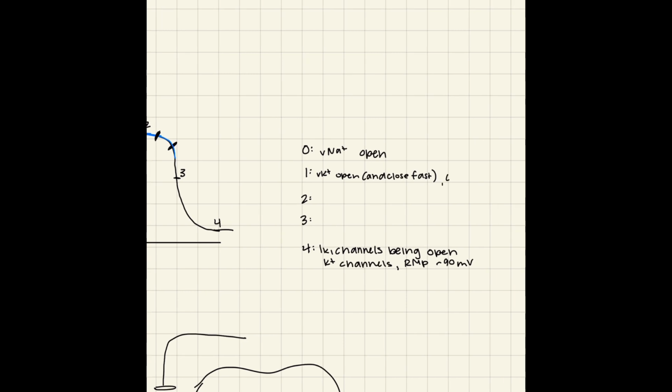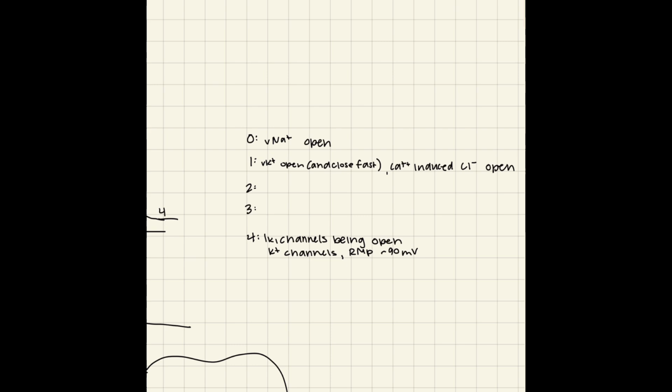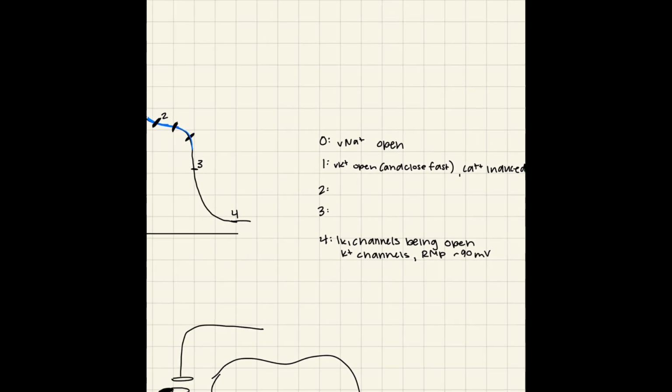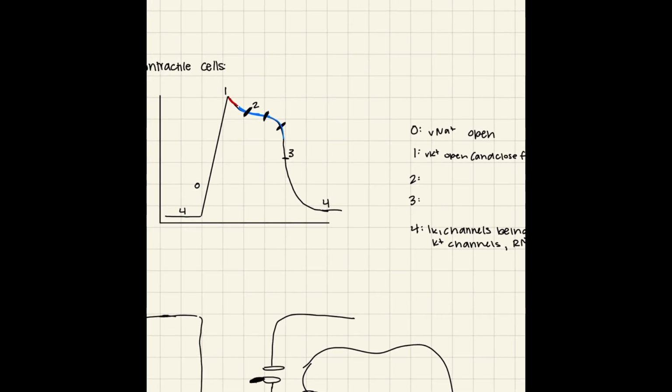Then calcium-induced chloride channels also open. This will make sense in a minute, because we get calcium from the extracellular space, and we get calcium from inside the cell. So we have an influx of calcium, which causes this.